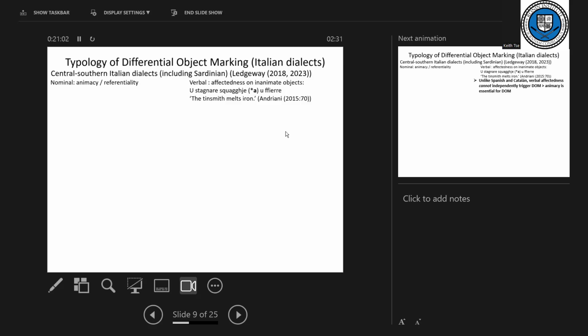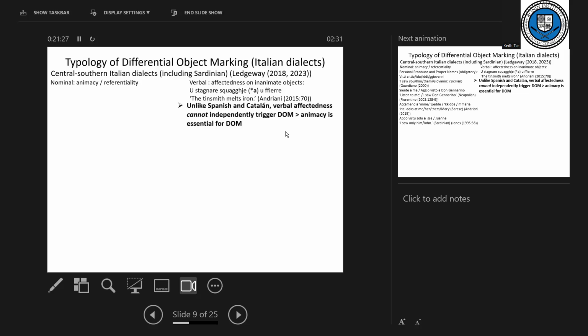Okay, so I can't really say this, but the idea is that the tinsmith melts iron, and here iron is inanimate and it cannot be marked by am, even if it's the object of a very effective verb. So Italian dialects seem to have a more nominal type of DOM where animacy is crucial. All right. So unlike Spanish, verbal affectedness doesn't independently trigger DOM. This also entails that animacy of the object is essential for DOM in Italian dialects.